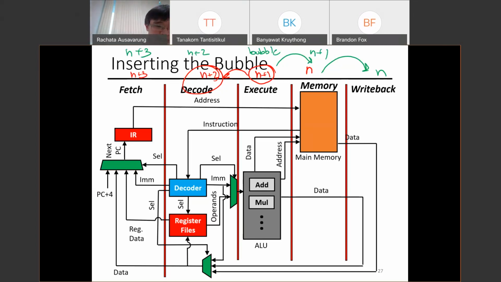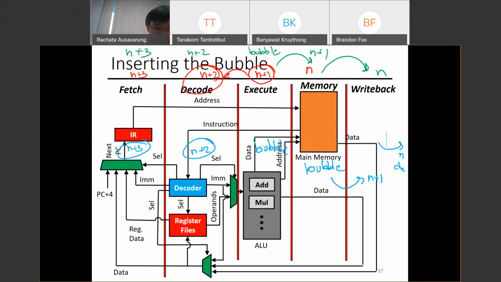In the next cycle, I'm going to use the blue ink. Over here, n is done. N plus 1 is here, n plus 2 stays here, and then n plus 3 also stays here. Bubble here, bubble here. Nothing is done here.